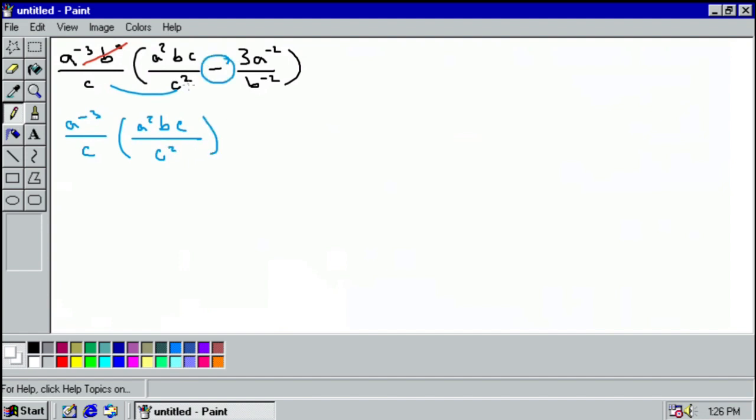Since we have a minus sign there, we're going to use a minus sign. Then this goes into this part here. So copy this part, then copy this part of the equation.